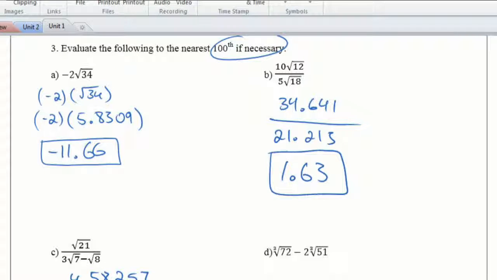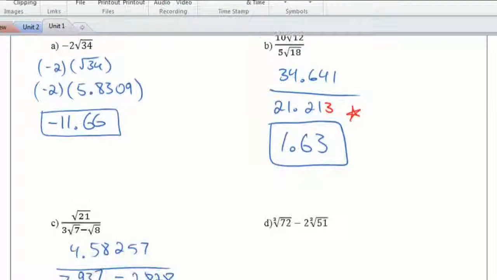Can anybody else verify for letter B here? If I was on the right track? I get 21.2132034. Oh, just my poor writing. There we go. Sorry. I get going fast, things get messy.